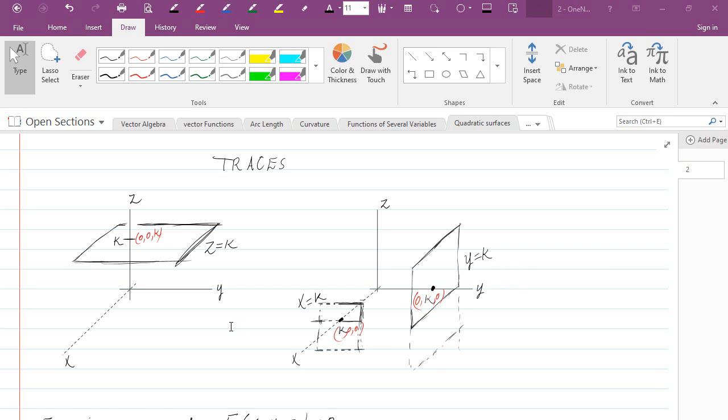Okay, so these are planes that are parallel to the coordinate planes. So the xy plane, the yz plane, the xz plane, those are the 3 coordinate planes. And these 3 planes, they are parallel to the coordinate planes.